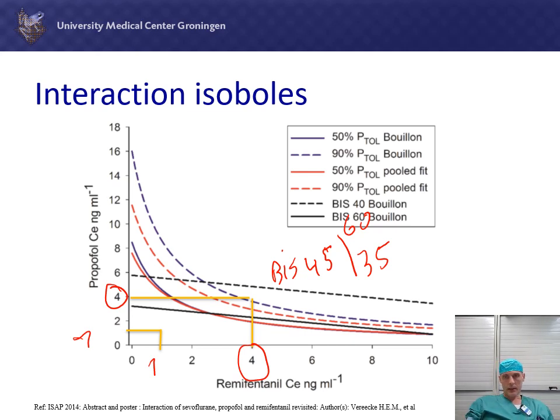And this results in a very high probability that the patient will be responding to shake and shout, because it's way below the 50% probability of tolerating shake and shout, and it also ensures a return of respiratory function in 90% of the patients, and it also ensures that the patient still has some residual analgesia. And this is a perfect combination to wake up my patients.